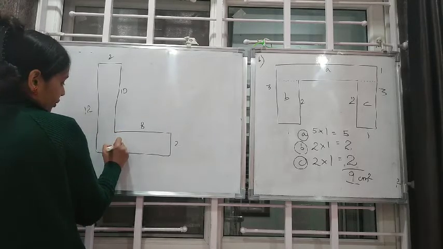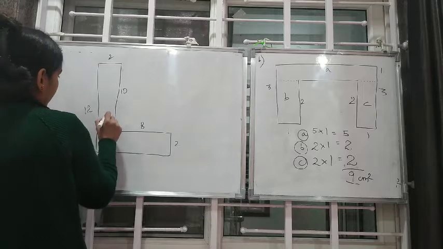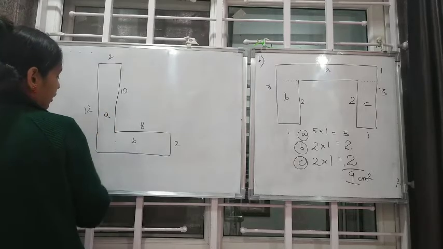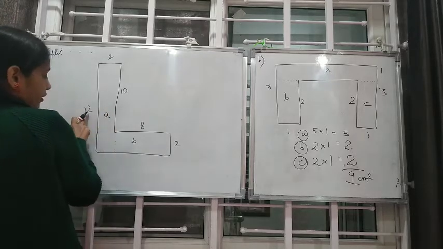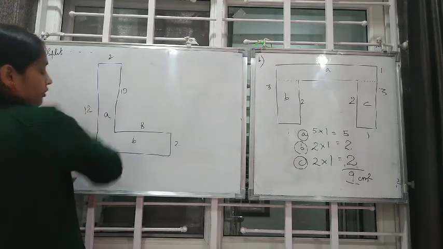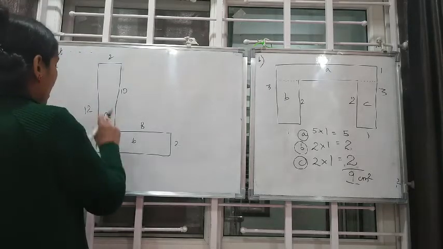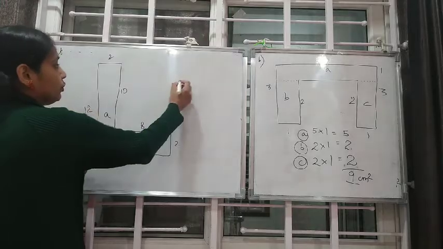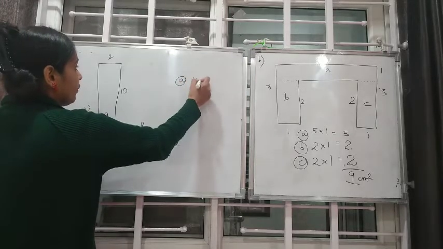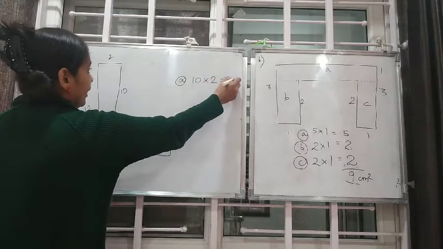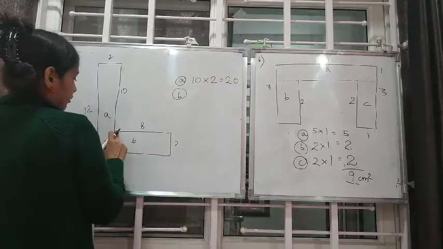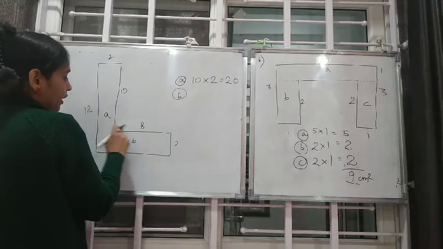We divide it from here. This is A, this is B. The length of A is given 10 from here till here. 10 and breadth is 2. So length into breadth 20. Go to B. Length is given from here till here.